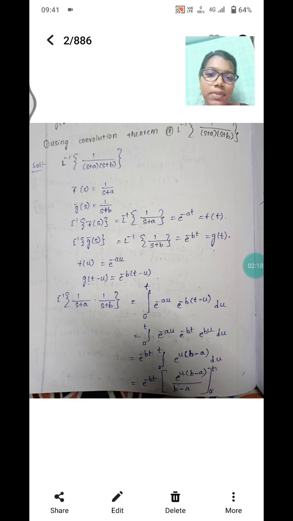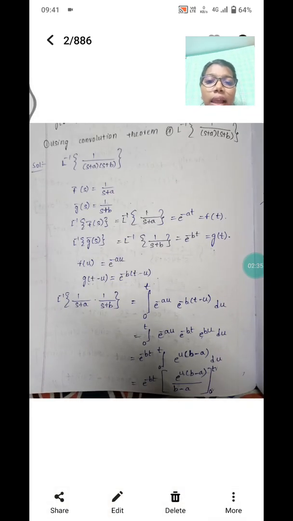So Laplace inverse of 1 by s plus a, and we know the formula for the Laplace inverse of 1 by s plus a is e power minus at. That means we assume this is f of t.